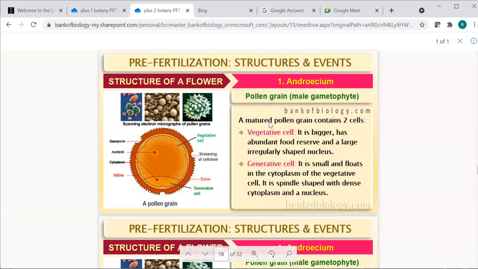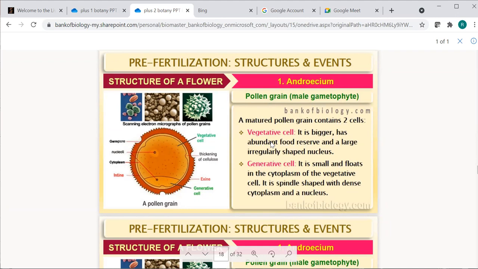So, a matured pollen grain contains 2 cells, that is vegetative cell and generative cell.